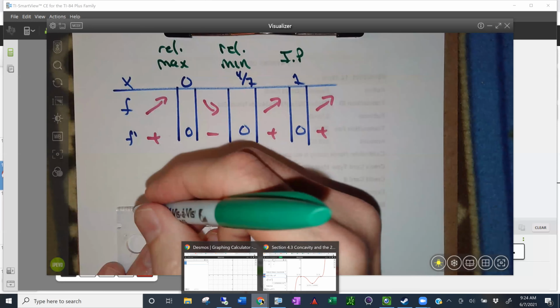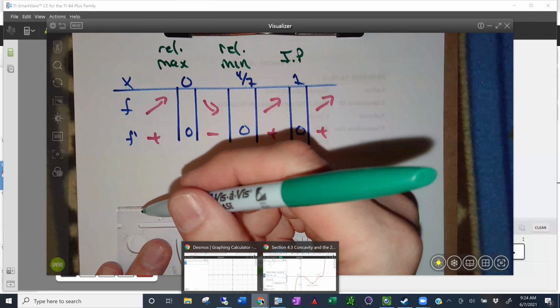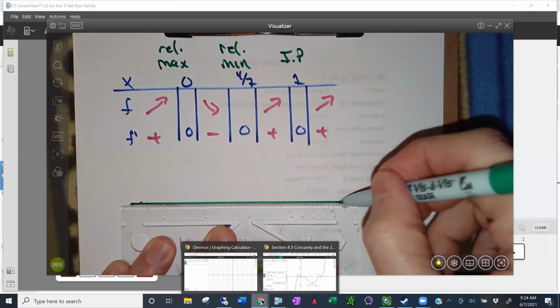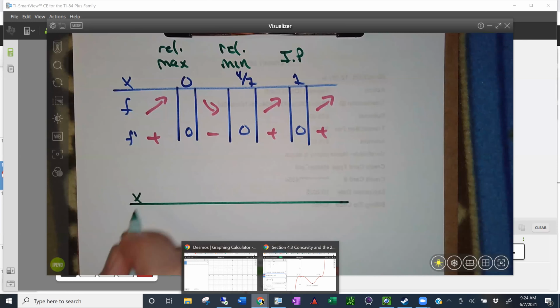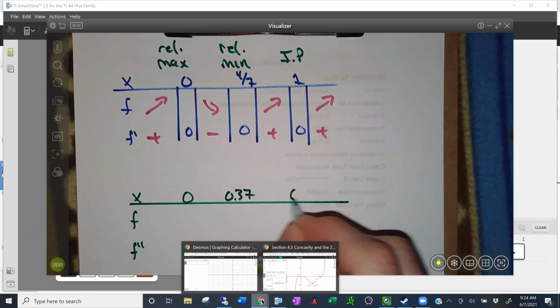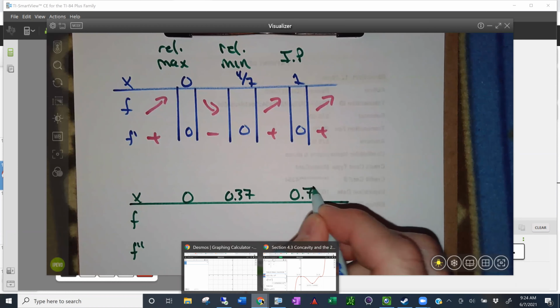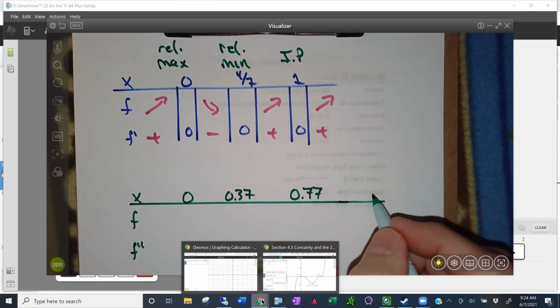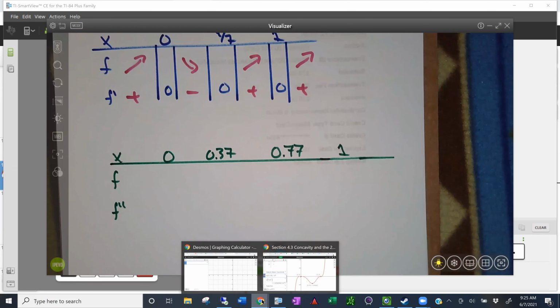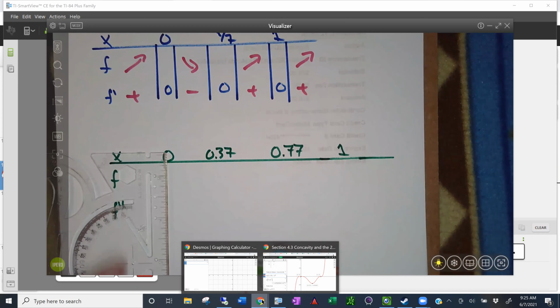We need 0, 1, and those two ugly ones. So x, f double prime. Let's see if we can put these in order. 0, 0.37, 0.77, and 1. So apparently a lot of changes in concavity, or at least potential for a lot of changes in concavity.